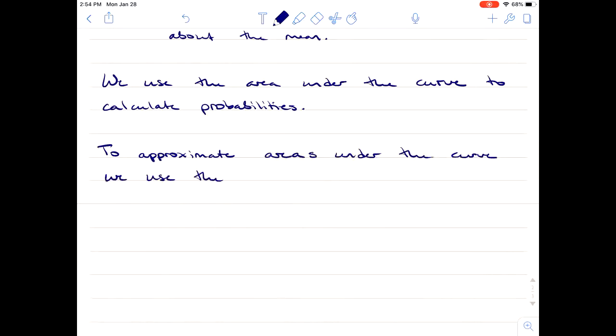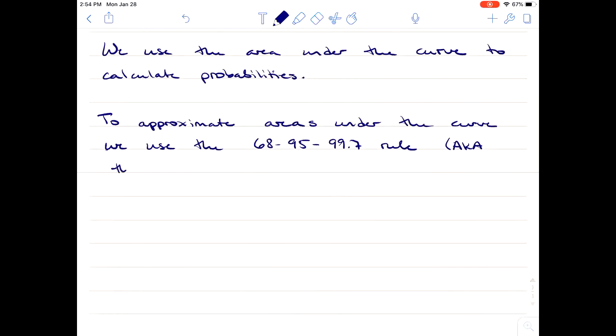It has a name, don't worry, it's called the empirical rule. But really, if you Google the 68, 95, 99.7 rule, it'll come up with everything you need to know and more. AKA, also known as the empirical rule.